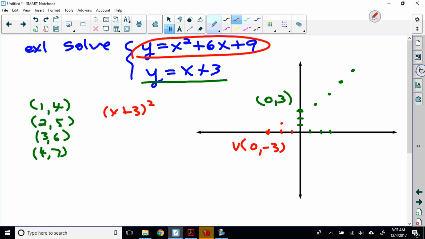I think that might be one of the solutions there. With the line, I could keep going back the other way, to negative 1, 2. And I think that parabola goes to the same point, right? Negative 1, 2? Seems like that's one of my answers.